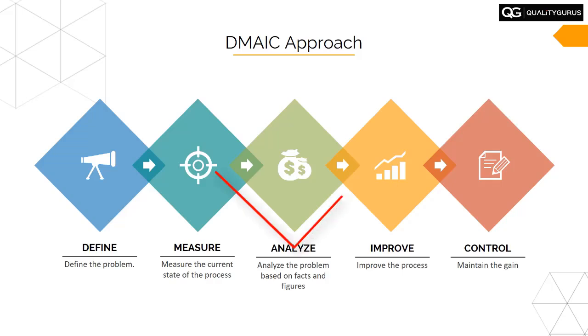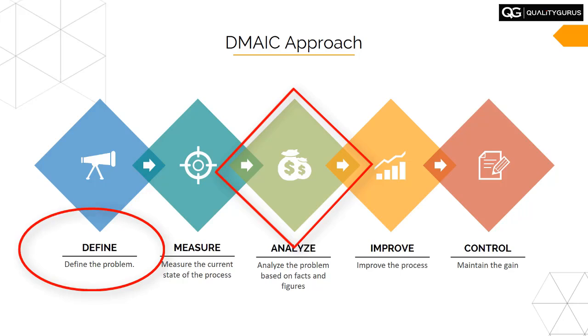After doing the measurements, then you analyze those measurements. For example, if you are doing a pizza delivery and you promise to deliver this pizza in 30 minutes or less, so you define the problem. So in define phase, you define the problem that in lot of cases your pizza delivery is late.